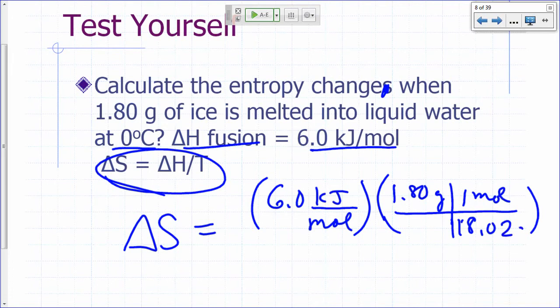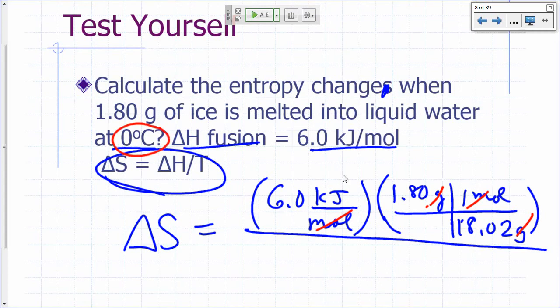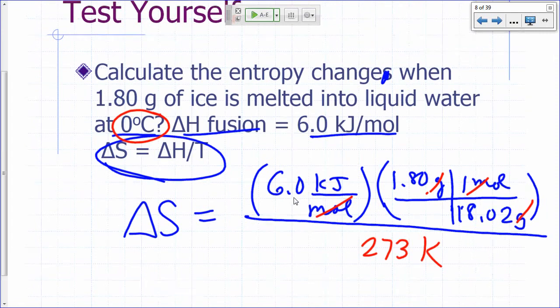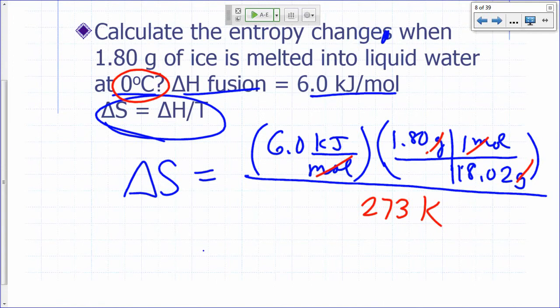So 18.02 grams, grams cancel out, divided by our temperature, and moles cancel out. What's our temperature? 0 degrees Celsius. You divide by 273.15 Kelvin. Since we only have 2 sig figs, 273 will be just fine. 0 degrees Celsius is 273 Kelvin.